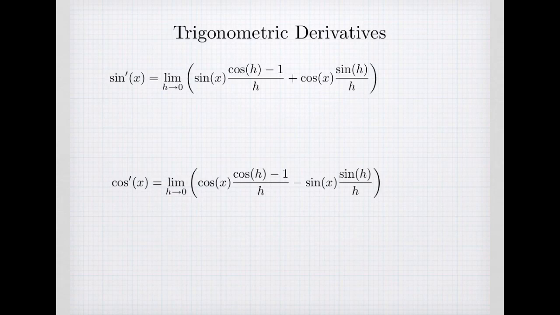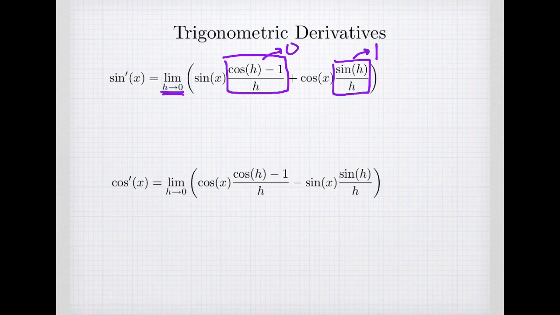Well, now that we know these limits, we can finish our calculation. We have learned that as h goes to 0, the limit of cosine of h minus 1 over h is 0. And we've learned that the limit as h goes to 0 of sine of h over h is 1.